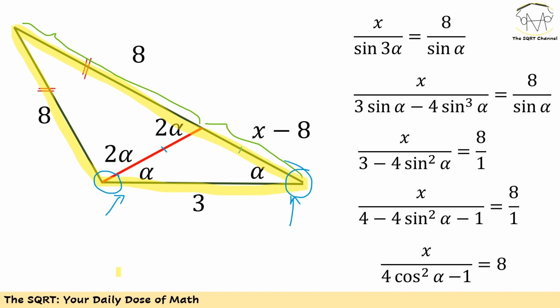And then if you replace sine of 3 alpha with 3 sine of alpha minus 4 times sine cubed of alpha, and then because again sine of alpha cannot be 0, remove one sine of alpha from both sides, we are going to end up with x over 4 times cosine squared of alpha minus 1 is 8. This is going to be my second equation, and from now on I'm going to try to simplify both of them and solve them at the same time.